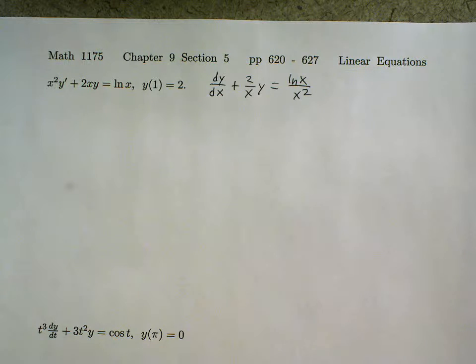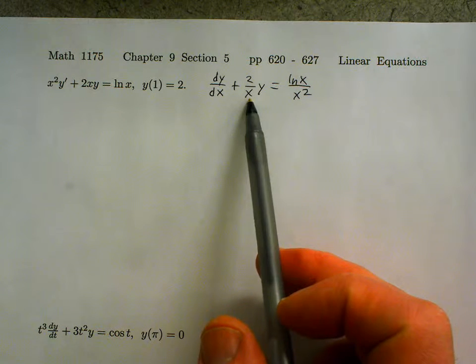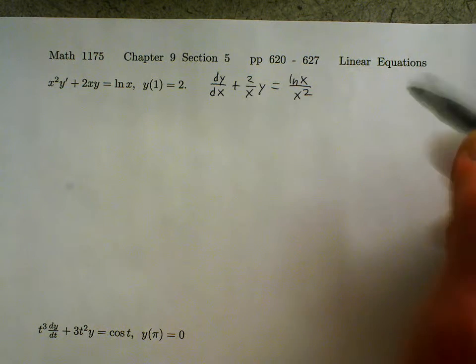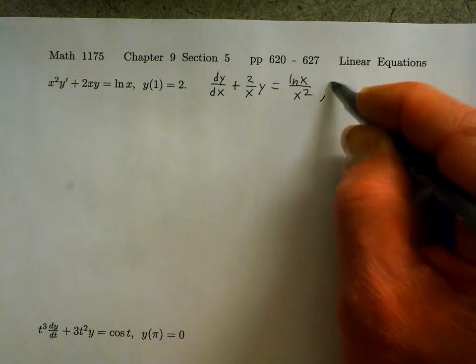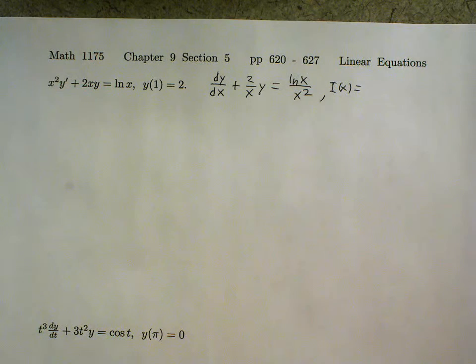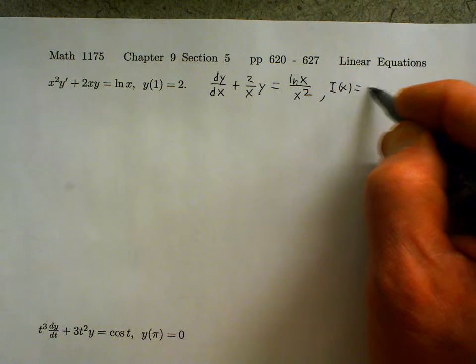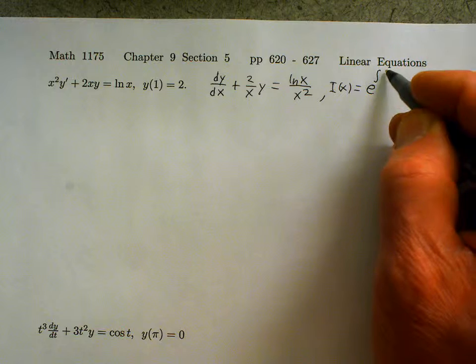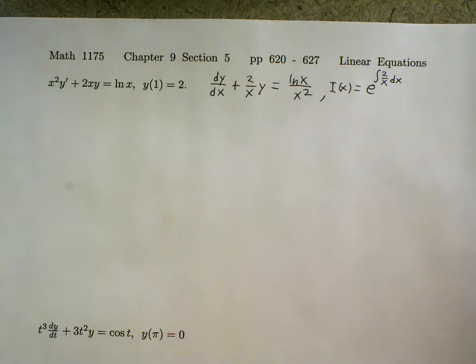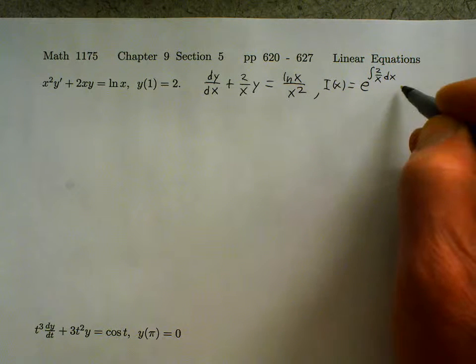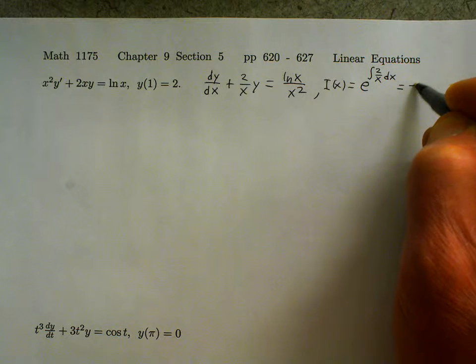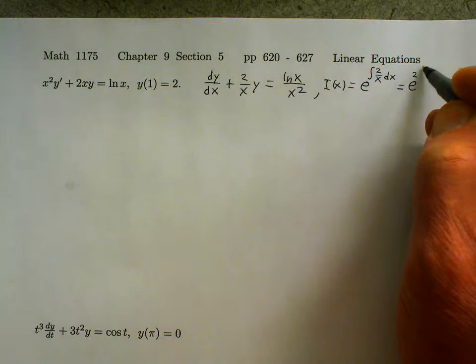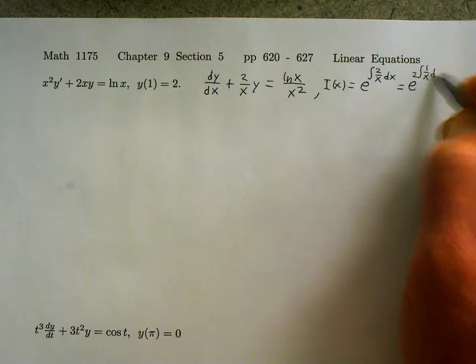And then we find the integrating factor. The p of x is 2 over x. So the integrating factor is e to the integral of 2 over x dx. This can be written as e to the 2 times the integral of 1 over x dx.